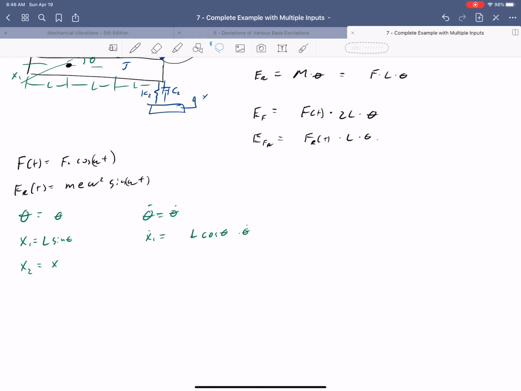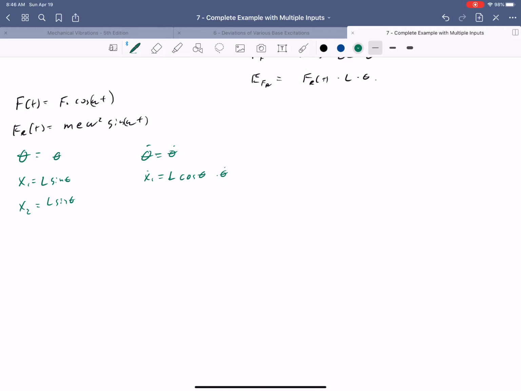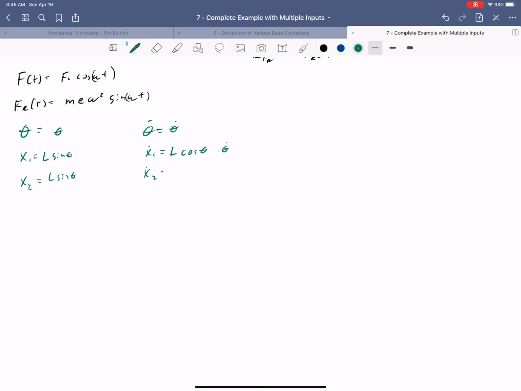Once you get in the habit of writing x's, you just want to keep on writing them everywhere. x3 is 2L sine theta, and x3 dot is equal to 2L cosine theta, theta dot.